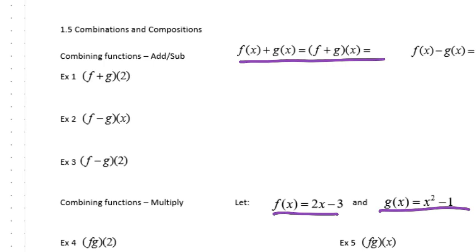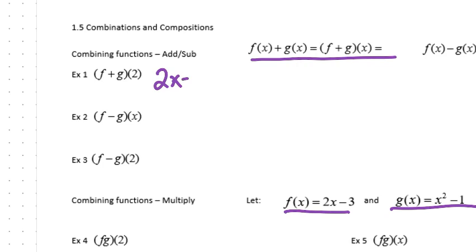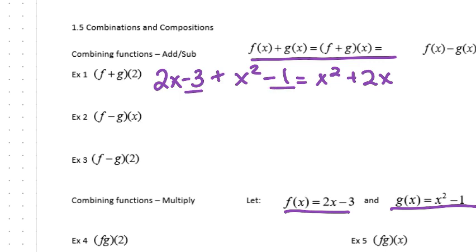So it's going to be 2x minus 3, because that's my f of x, plus x squared minus 1, because that's my g of x. Let's go ahead and combine our like terms. So we have x squared plus 2x, and then I can combine these two to get minus 4.